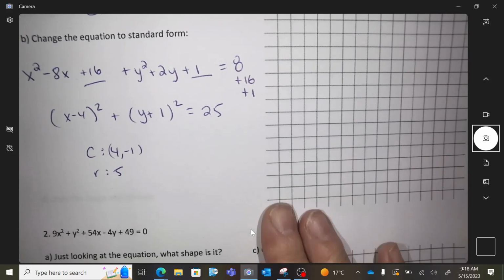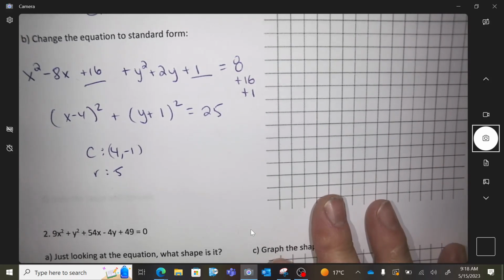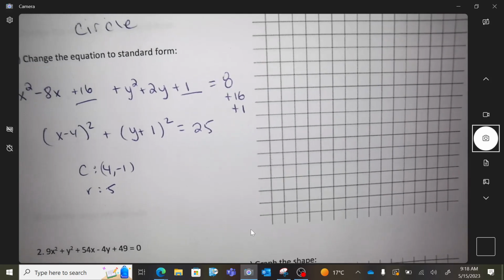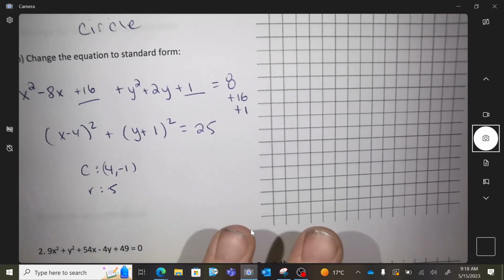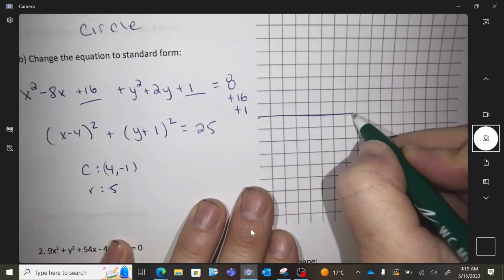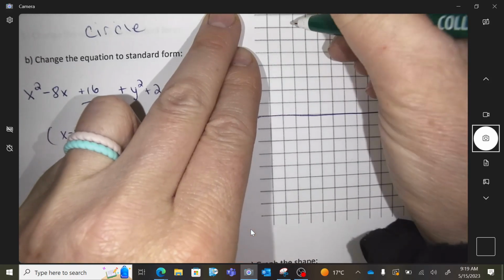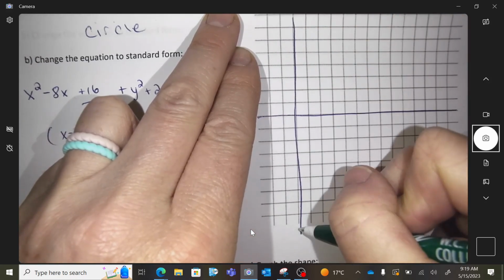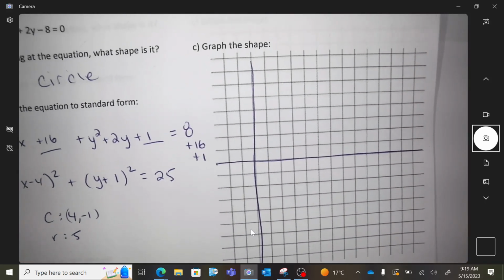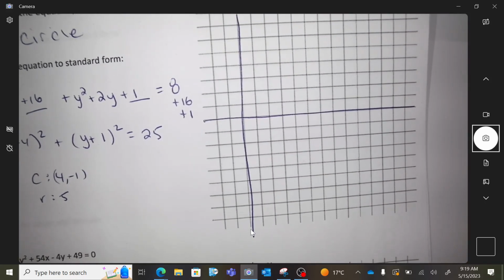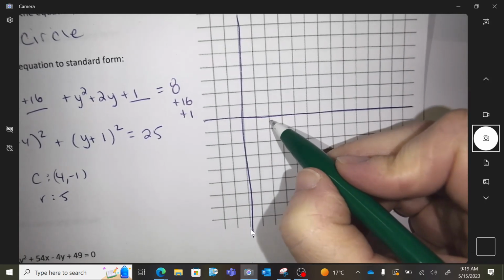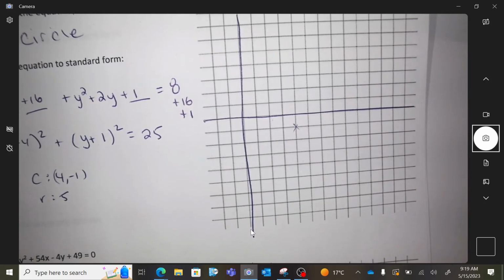I think I give you graphs like this so that you have the flexibility to put your center where you want. So if my center is already at 4, I'm going to draw my axis not in the middle. You know what I mean? Because I already knew it was over to the right 4. Okay, reminder not to put a point on the center.